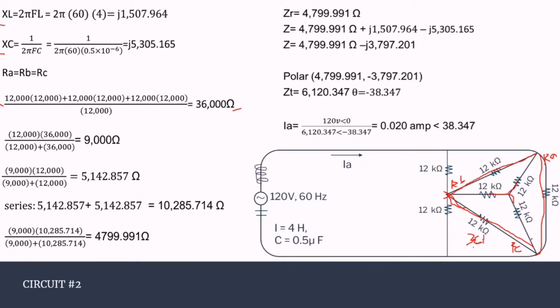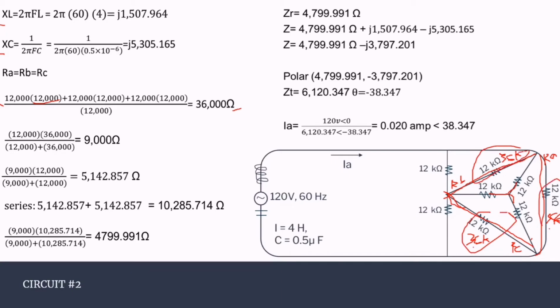36K, 36K, and 36K. So all of the sides are parallel to 12K ohms.